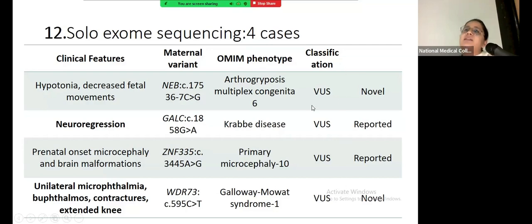So in this case, if the father undergoes sequencing and is carrying a pathogenic or likely pathogenic variant, then based upon ACMG guidelines, we can classify some of these variants as causative in the proband. But even if the father is not a carrier, the diagnosis will be VUS. So it's wise to make sure that all the family members undergo sequencing.